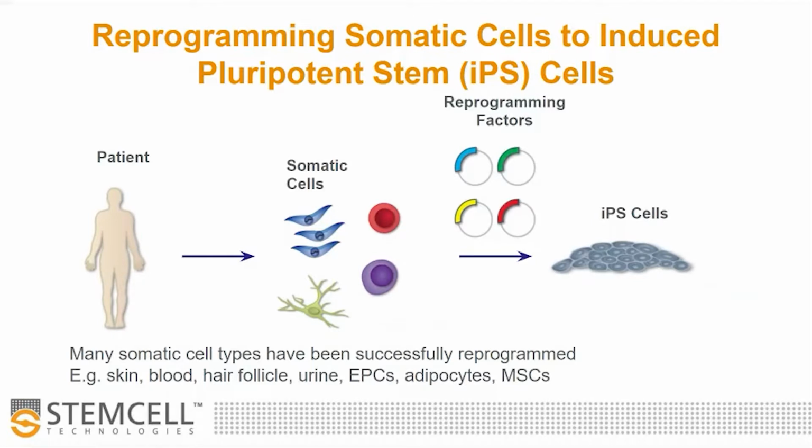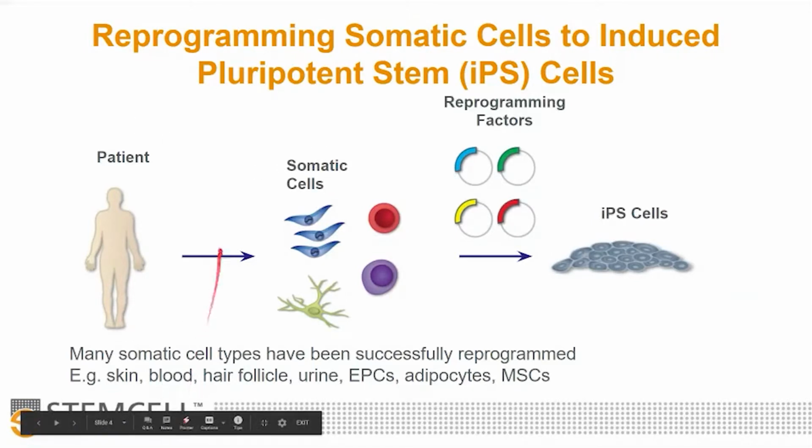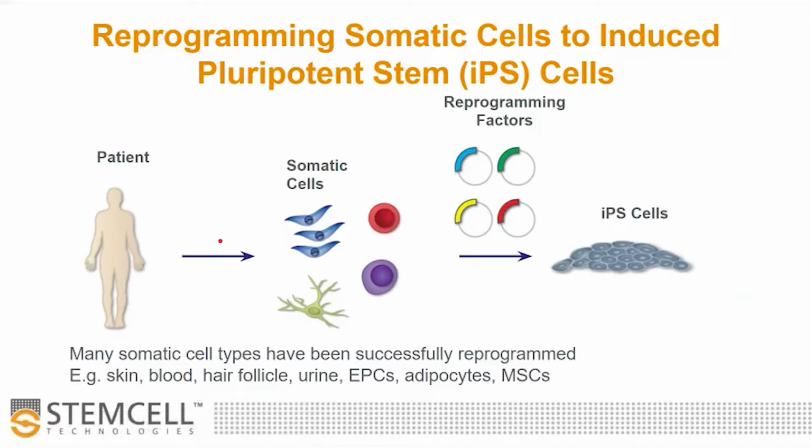It wasn't until 2006 when Shinya Yamanaka and his colleagues developed a protocol for taking somatic cells from a patient and changing them into induced pluripotent stem cells using four transcription factors, known as OCT3 and 4, SOX2, KLF4, and CMYC. These became known as the Yamanaka factors.